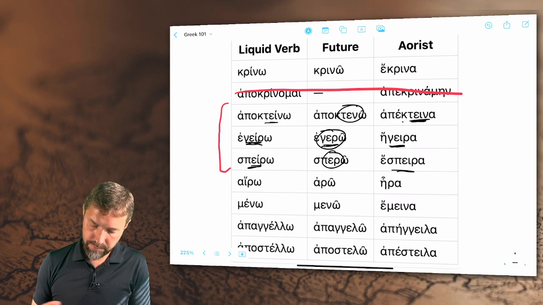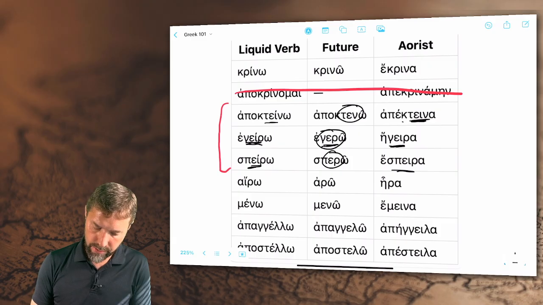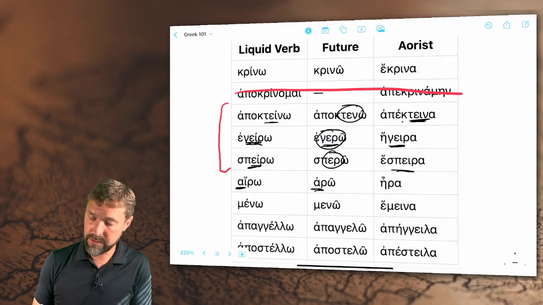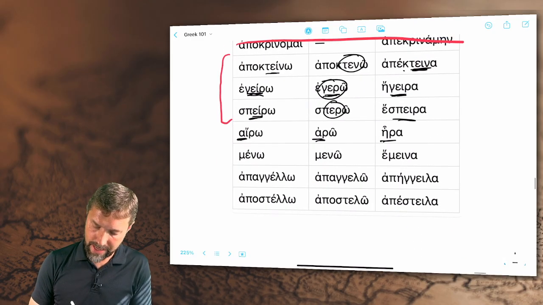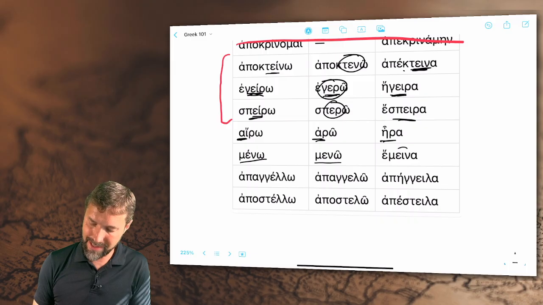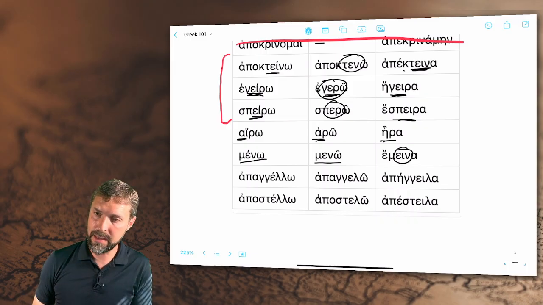Okay, so I have at least that pattern. Here, very similar with iro, I've got an alpha iota that's dropped. The difference here is that the iota is also dropped in the aorist. And so that set, I think, is similar. Minnow works the opposite way. Minnow, preserved into the future, I gain an iota in the aorist.